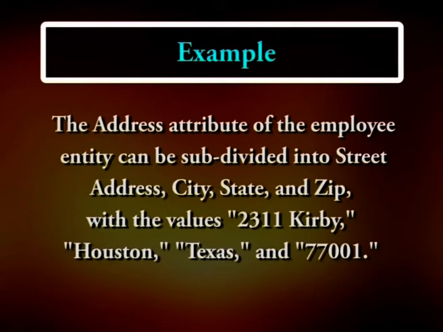For example, the address attribute of an employee entity can be subdivided into street address, city, state, and zip, with we say the values 2311 Kirby, Houston, Texas, and 77001. Thus, the attribute address is composite.